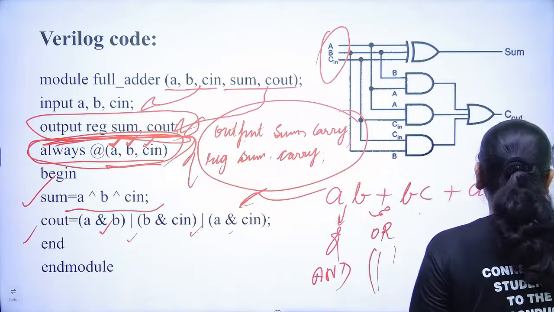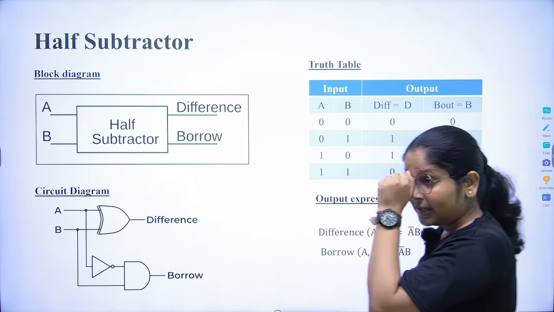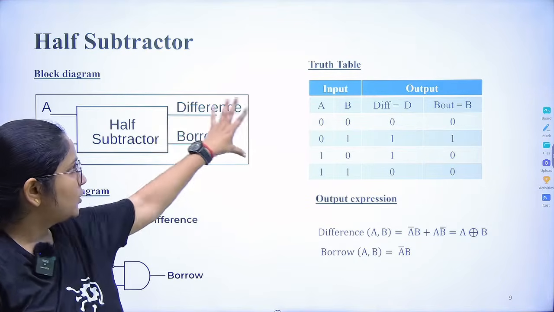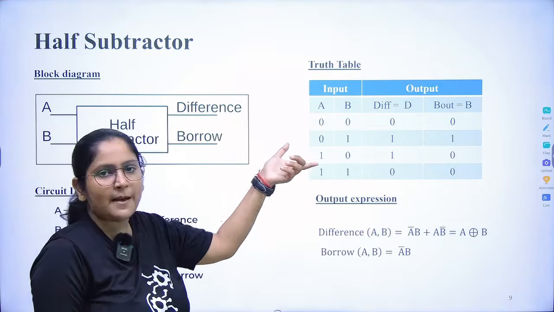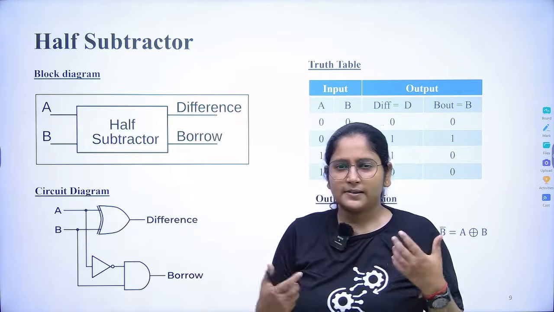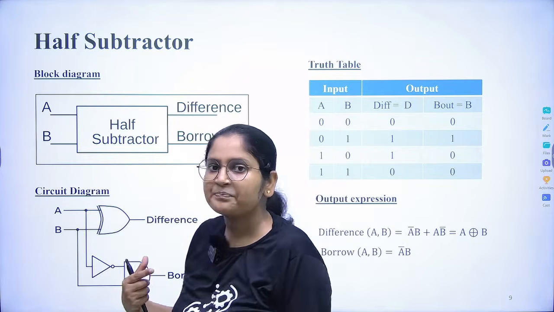Fine. Come on, let's move ahead to the half subtractor. See, I think in the last class I explained the entire working, how this truth table happens, because I know somewhere people get a little confused regarding the subtraction part, right? But you don't have to worry.